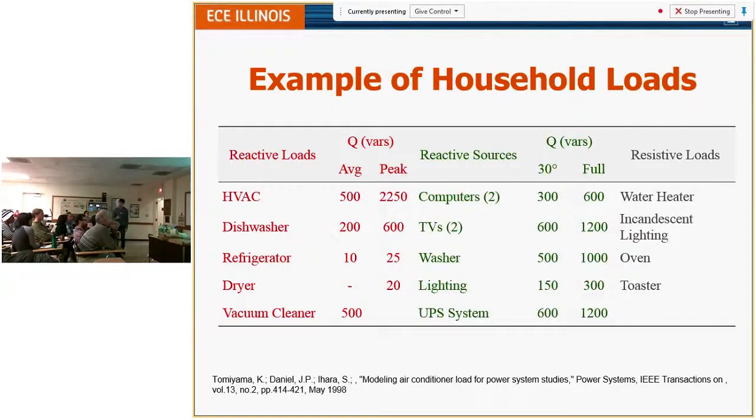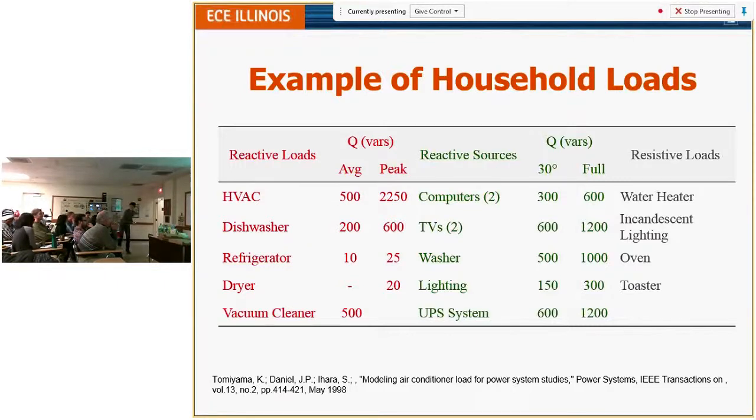Water heater will just run for longer. The lights will certainly use less energy, but you have dimmer lights. Your oven will just take longer. Your toaster, I guess you'll eat a cooler toast.